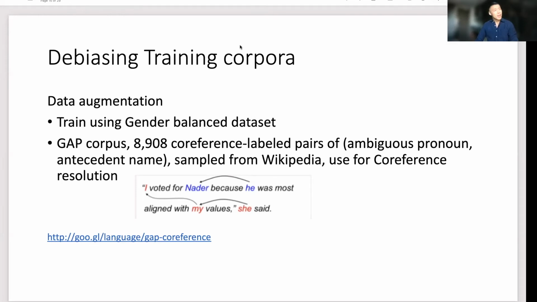So he, if you have more of these data and you see the name Nader resolved to he more often, the model is going to learn that. It's very hard to stop the model from doing that actually, because it uses statistics, right? What it sees the most becomes knowledge. So if it sees that he is associated with the name Nader more often, it's going to have that bias, and there's no way around it.